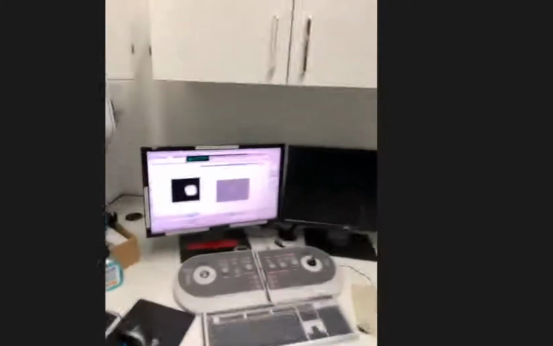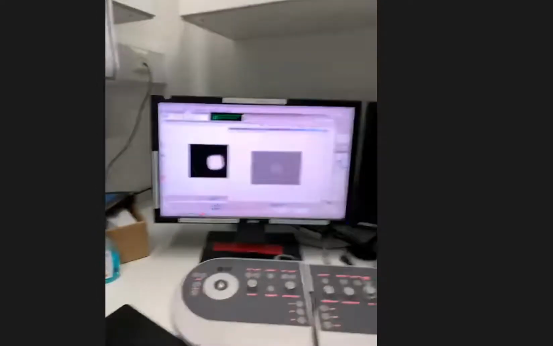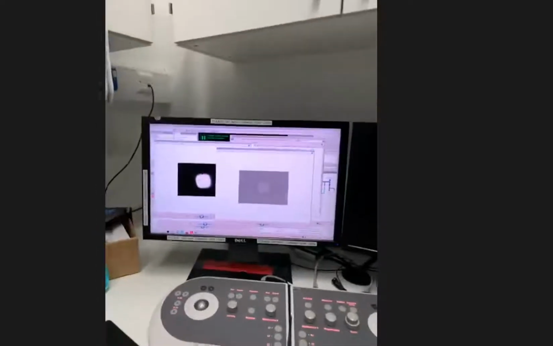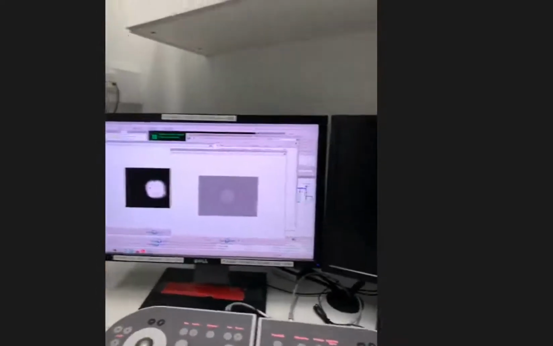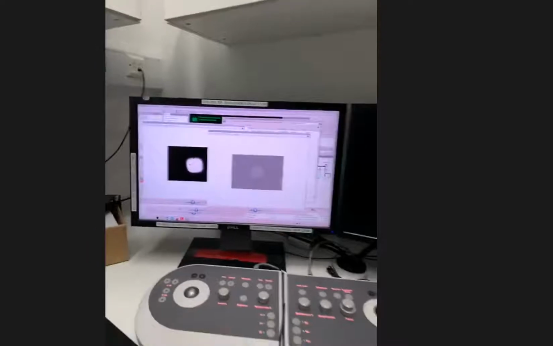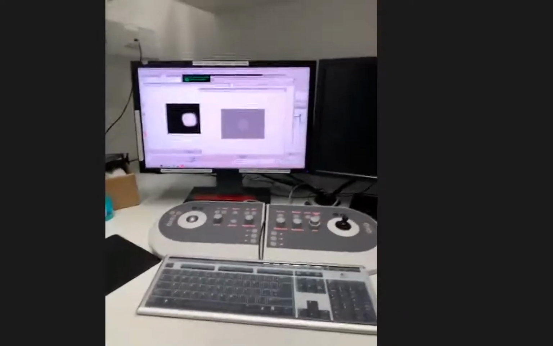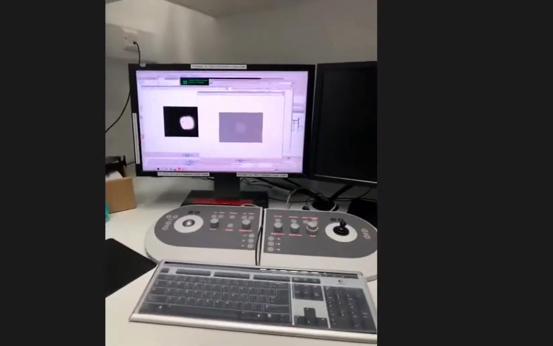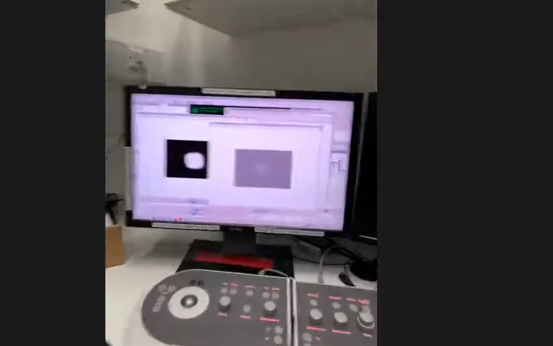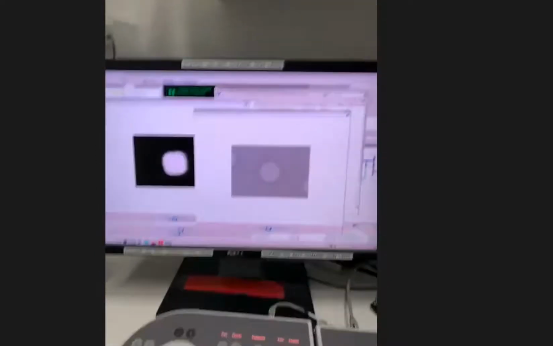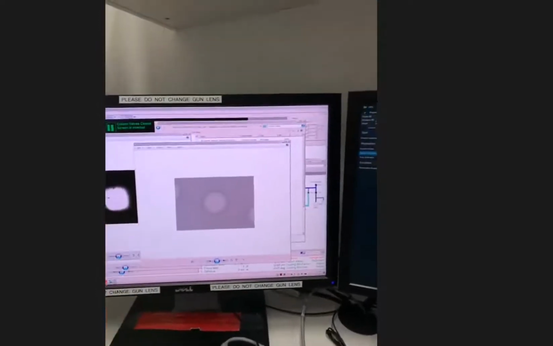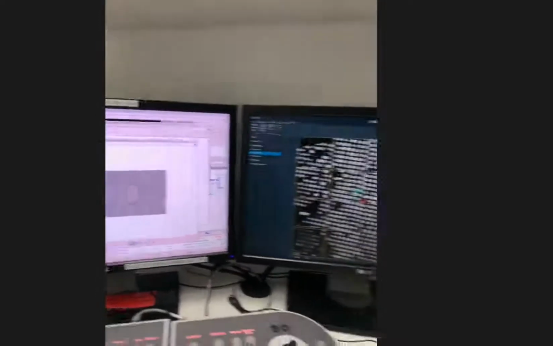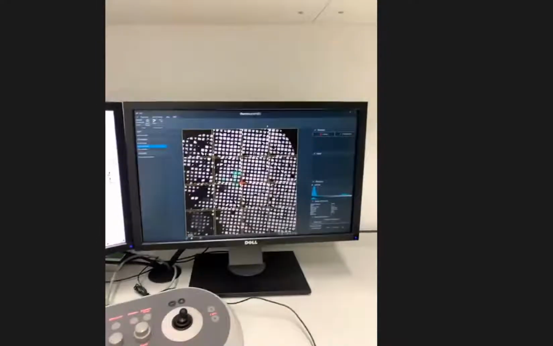And then here it's all driven, of course, by computer. The screen on the right is off, but you can see the controls that are used for focusing the electron microscope. And then this is the sort of image that you would get of one of the holes with the ice in it that would have the sample in. On the right here is an overview of the whole grid.